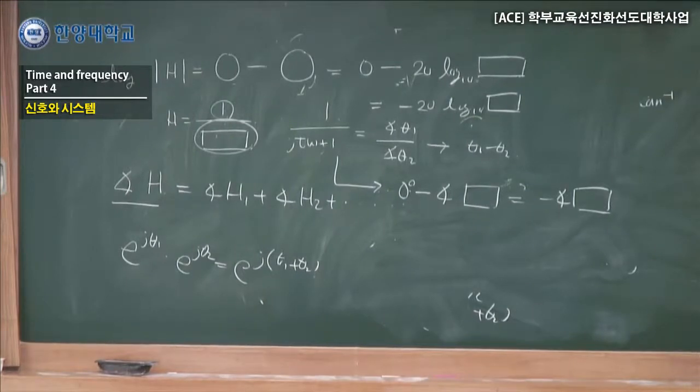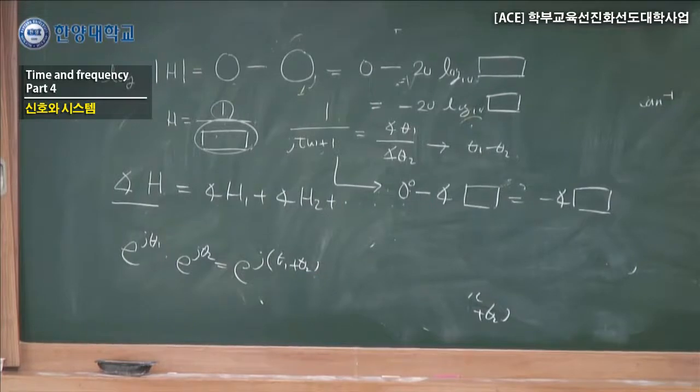Our phase is not log, but because of the property in Euler formula, if you multiply two systems, for example, their phase will be added together. If you divide two systems, their phase will be subtracted.